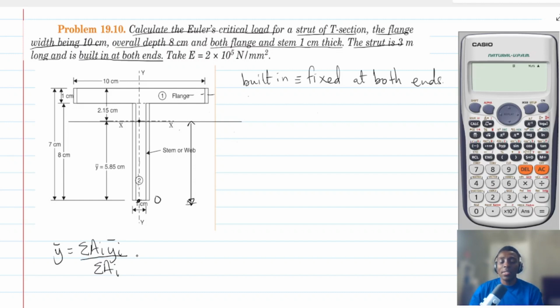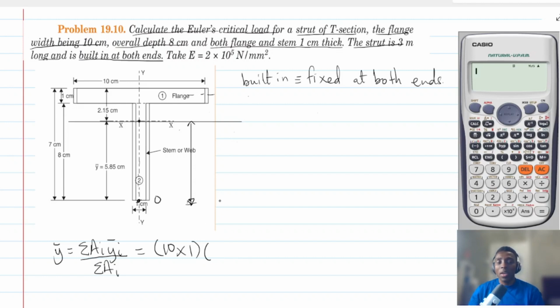So essentially that's going to be A1, which is the flange, having an area of 10 times 1, but it's the same as 10, so that's why I don't write times 1. Okay, let me write it so that everybody will be happy. So 10 multiplied by 1.